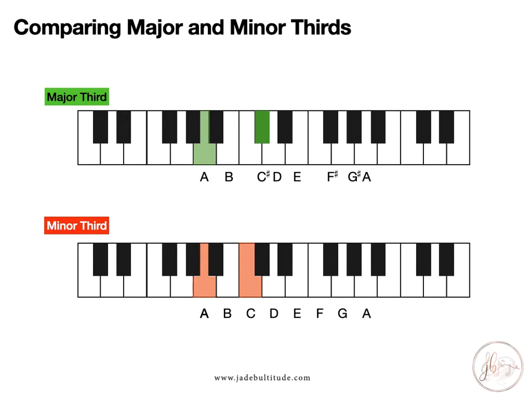So our major third is made of tone, tone, or 4 semitones. Our minor third is made of tone, semitone, or 3 semitones.